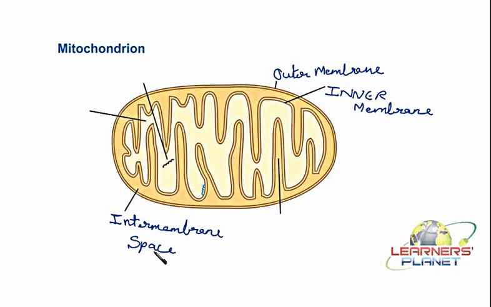Now beside this, as you can see in the picture, it is simple to remember that this inner membrane is not smooth. It is rough, and rough in what sense? It has many folds inside, right? Each fold present here is known as a crista. The plural is cristae.